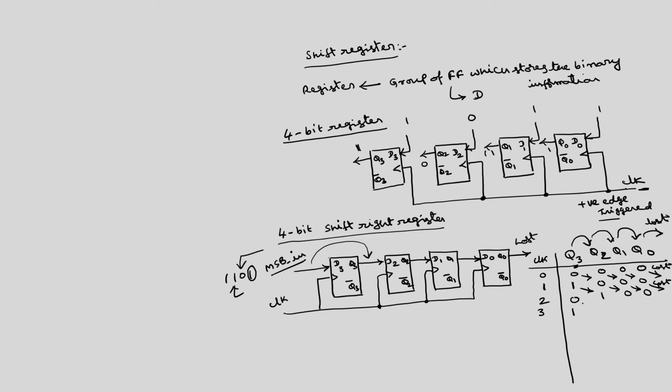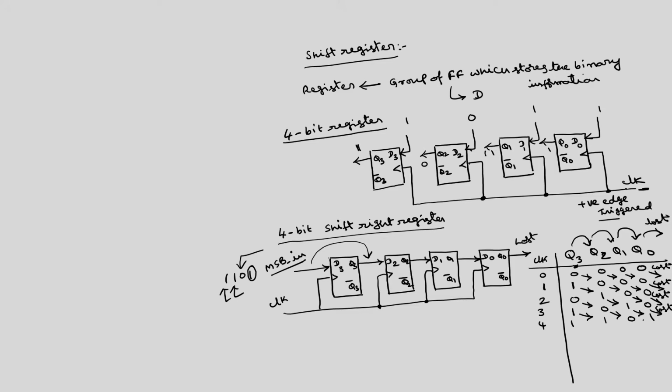So, this 1 and this 0 will be shifted, this 1 will be shifted here, this 0 here, and this will be lost. At the fourth clock signal, assuming the fourth bit is 1, this 1 will be shifted here, this 0 here, this 1 here. You can see this will be lost.